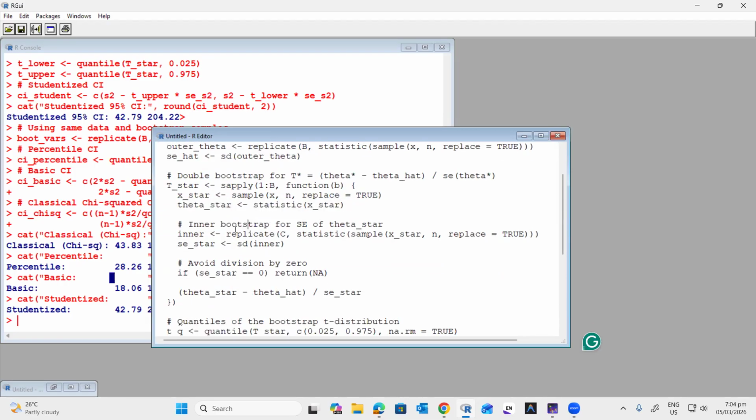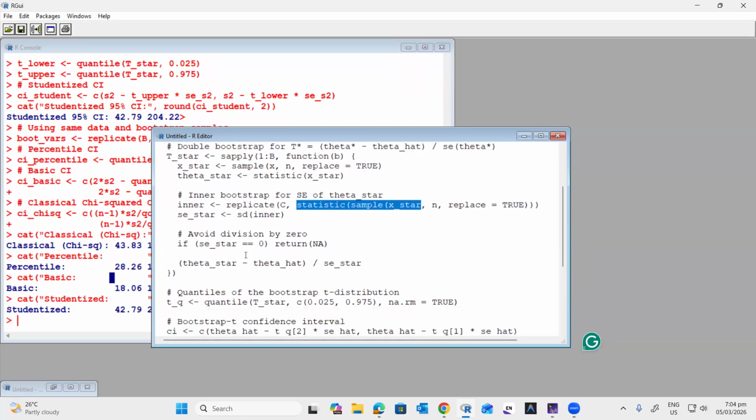In the inner bootstrap, we take the sample from the original data set, that is X, and with respect to every one we compute the theta star, and after that we run the inner bootstrap for the standard error of theta star. We replicate it C times, and the statistic we compute from the sample X star, and we generate a sample of size n with replacement, and we compute theta double star 1, theta double star 2, up to theta double star C.